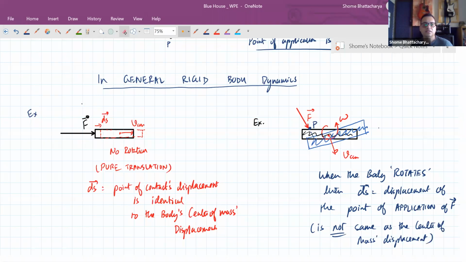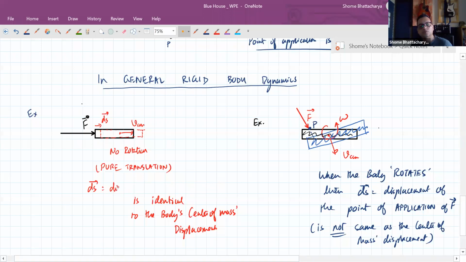So it is for that case that it is very important to understand that the proper definition of ds over here is that it is the displacement of the point of application of the force. This is the displacement of the point of application of the force.